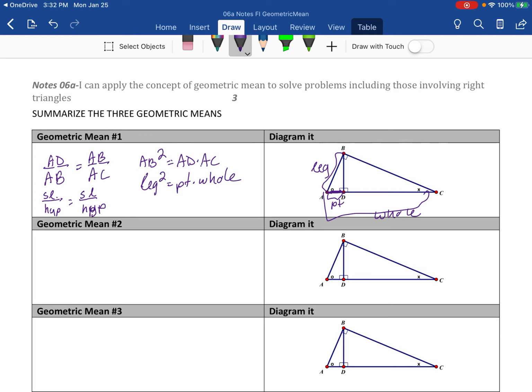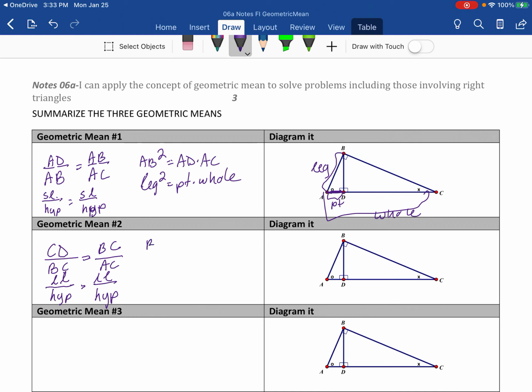Geometric mean 2, we're talking about the other side. So in this case, it was CD over BC is equal to BC over AC. And I'm going to say this is the long leg of my triangle over the hypotenuse is equal to the long leg of the other triangle over the hypotenuse.